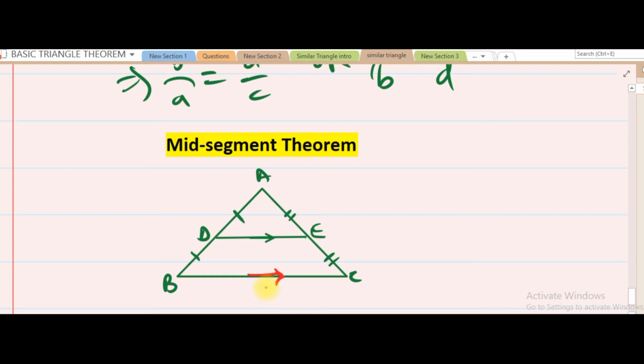So if here is 2x, here is x. That's what the midsegment theorem says.